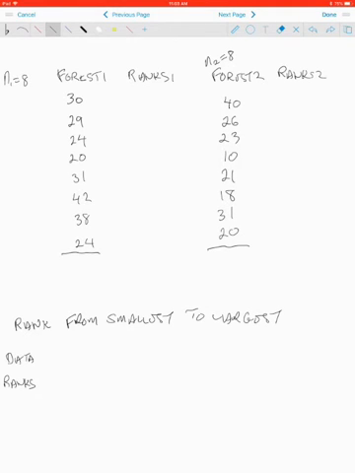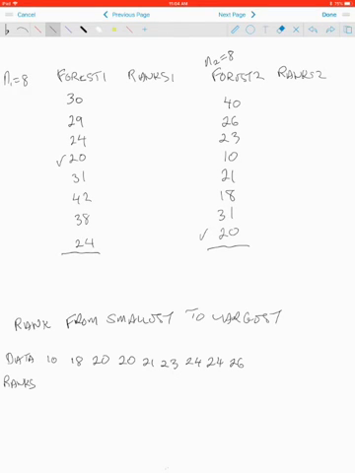So here we go. The smallest number looking at both forests is 10, then 18, then there's a 20 in forest 1. And there's also a 20 in forest 2, so I'm going to write the number 20 down twice. There's a 21, 23, 24, 24, because there are 2 of them.